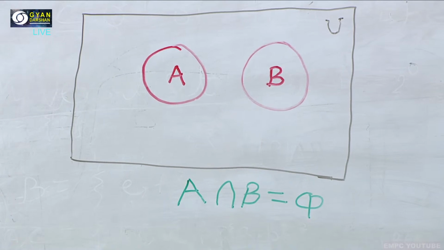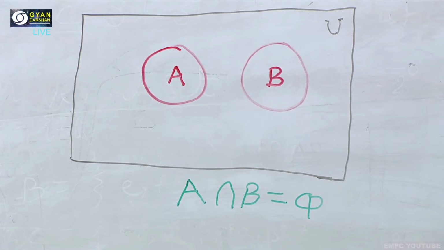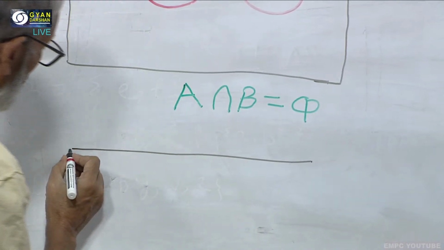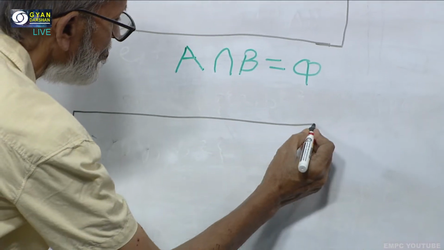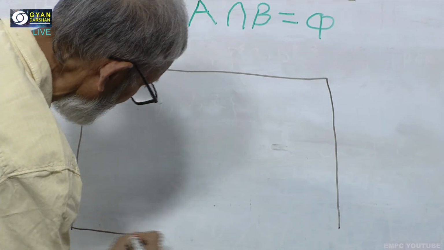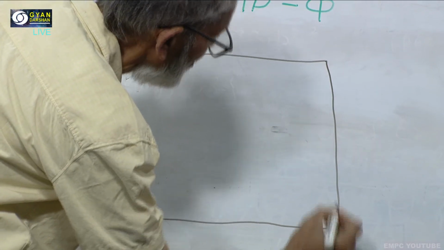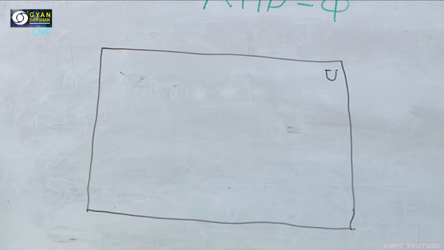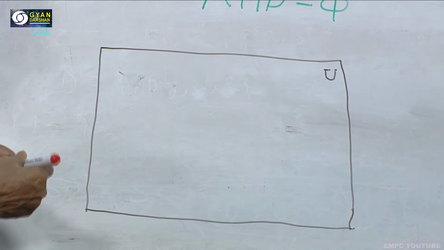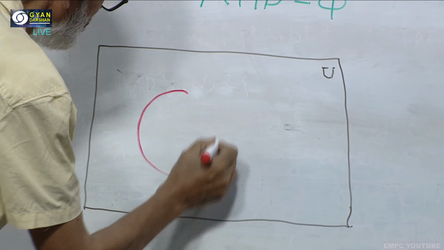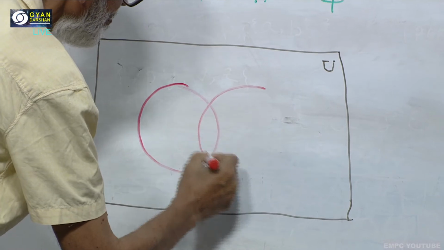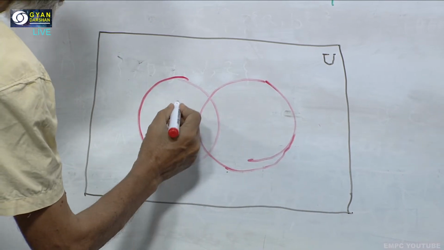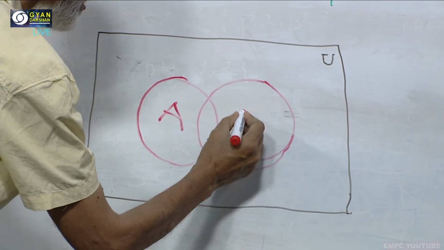Now, let us see another example. Say this is universal set and then two sets A and B are there, but now they have some common elements.